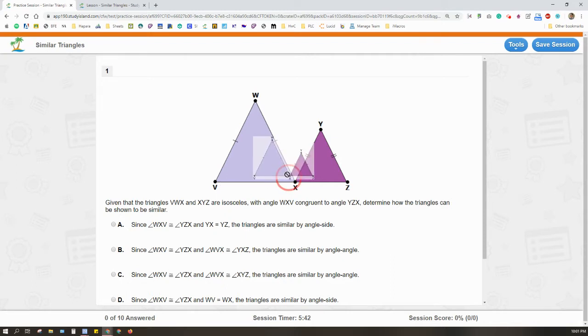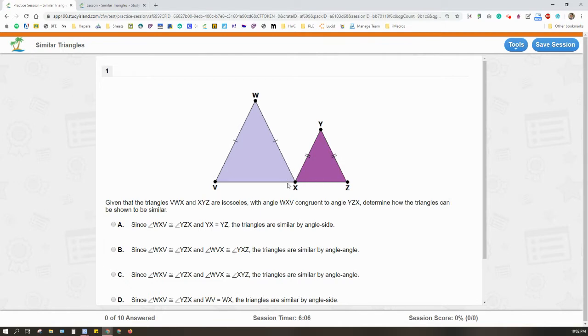It's this angle down here in the light purple triangle, WXV, and it's that angle right there. So that is congruent to YZX, Y to Z to X. So that is this angle right here. So those two angles are congruent, this angle and this angle. So that is one pair of angles that's congruent.